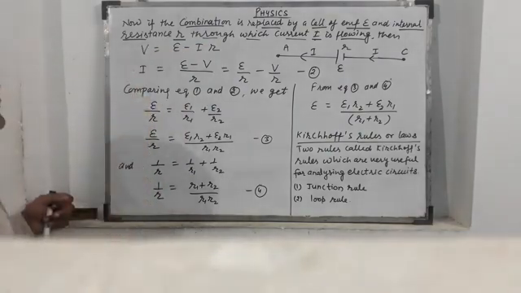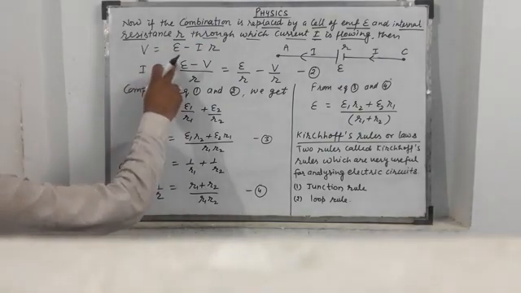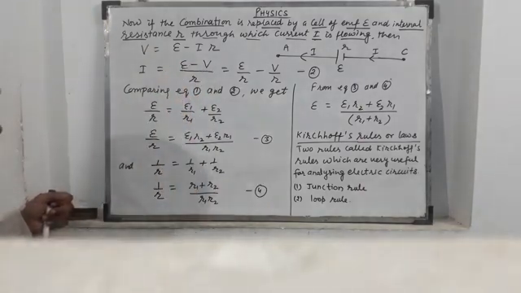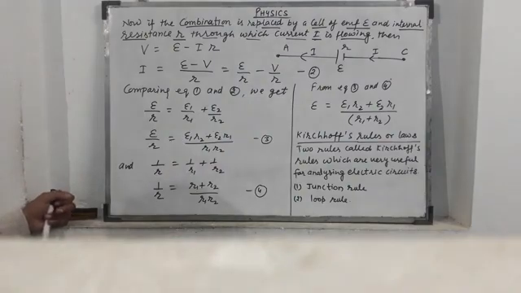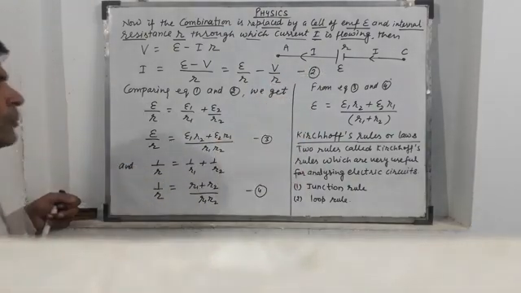By this formula, we get I is equal to E minus V upon R, or E upon R minus V upon R. Equation number 2.